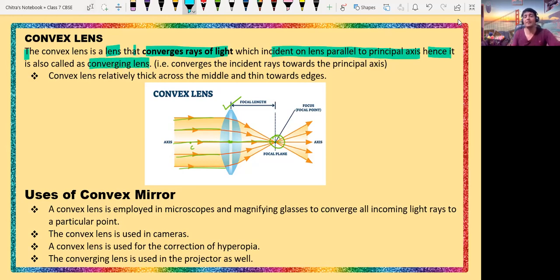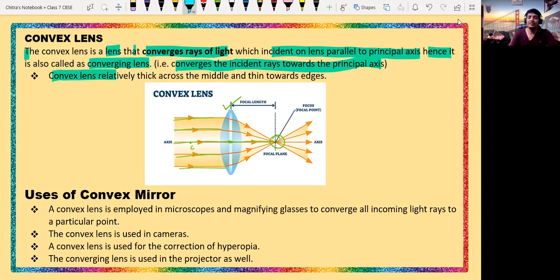Most of the time, the question is asked why a convex lens is called a converging lens: because it converges the light at a single point, which is nothing but the focus, present on the principal axis. That convergence of the incident ray toward the principal axis is called a converging lens, and a converging lens is nothing but the convex lens.